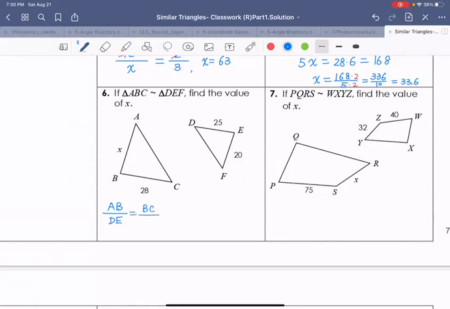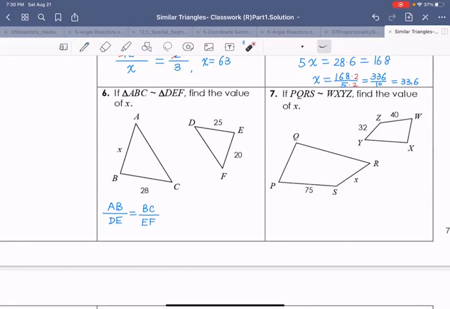EF over DE, no. You see here, you have these two triangles similar. AB first 2 letters, DE first 2 letters, BC last 2 letters, EF last 2 letters. Okay. Make sense? Yeah.